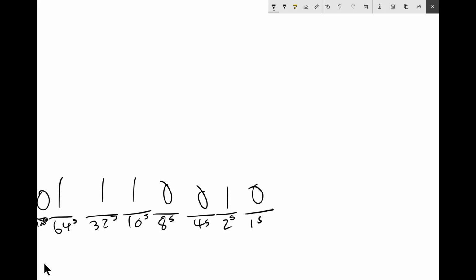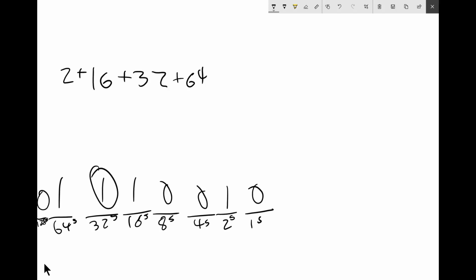Okay. So first we got to see, are there any 1s? No. Are there any 2s? Yes, there's 1 two, which means we do 2 plus, no 4s, no 8s. Oh, let's just make that 16. There's 1 sixteen, so we do 2 plus 16, plus 1 thirty-two, as you can see there, and plus 1 sixty-four. And there's no 128.